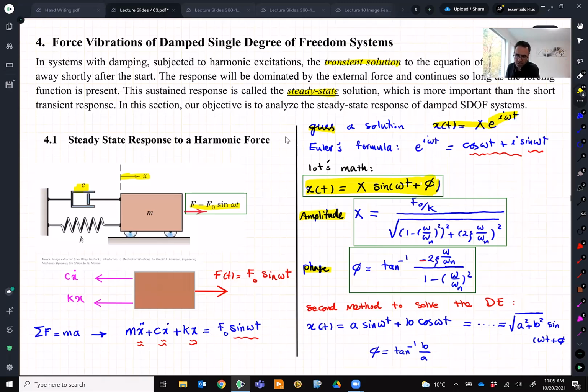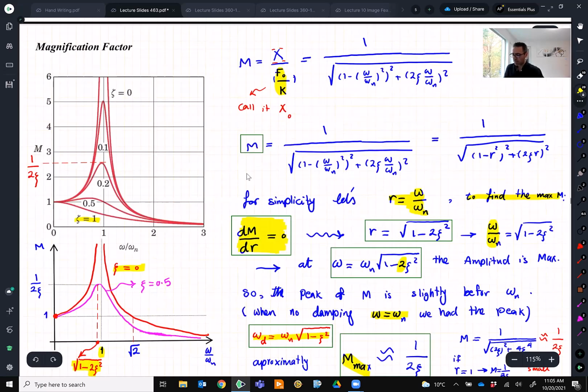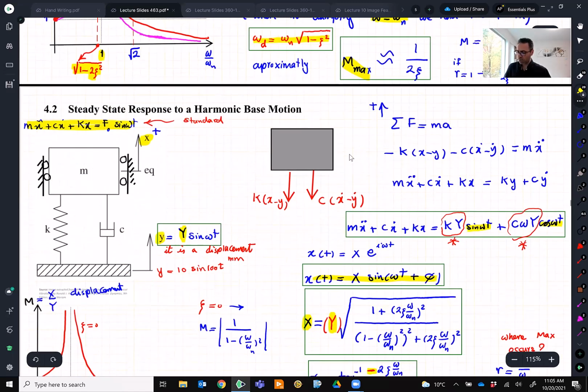We will set cases for each of these. For example, for a case when you have f0, we will see m has this form, which we plot, and we also have other details about it. Now, you don't have to derive them, so you will just use them. But remember, they are different. For example, for this case, m has this form. And now when we get to the base motion, m has a different form.